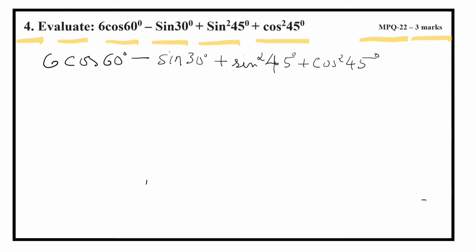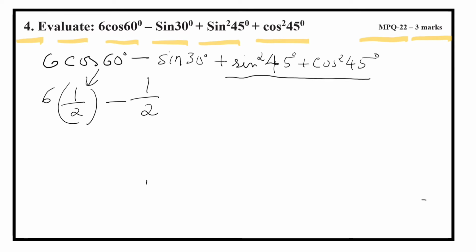Here, what is the value of cos 60? It is 1 by 2, minus sin 30, it is 1 by 2. You can apply here sin square theta plus cos square theta is equal to 1, since here theta is equal to 45 degree. So instead of sin square 45 plus cos square 45 we can put 1.